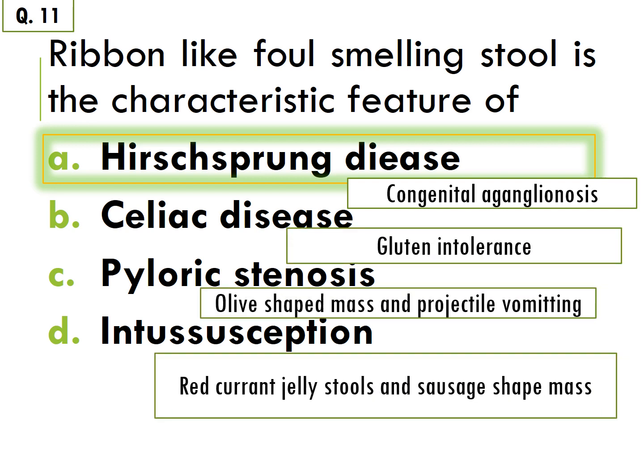Gluten intolerance is a characteristic finding in celiac disease. Olive-shaped mass and projectile vomiting is a characteristic finding in pyloric stenosis. And red currant jelly stools and sausage-shaped mass can be seen in intussusception.